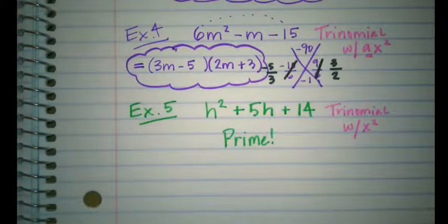Right, it doesn't work. So if we can't factor it at all, then it's considered prime. So that just means it's a prime number, and prime numbers can't be factored.